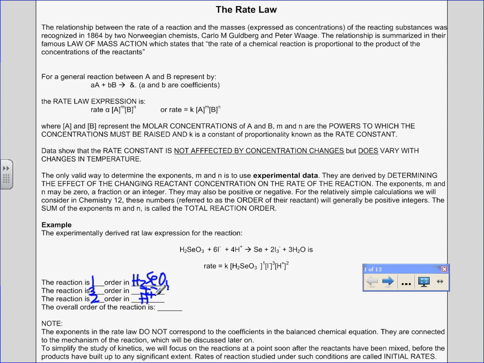So in this case, the overall order of the reaction is 6. Now, the meaning of the exponents is going to become more clear as we move through the lesson. For now, we're going to look at the experimental data that's collected and how we can use it to determine the order of a particular reactant in a reaction.